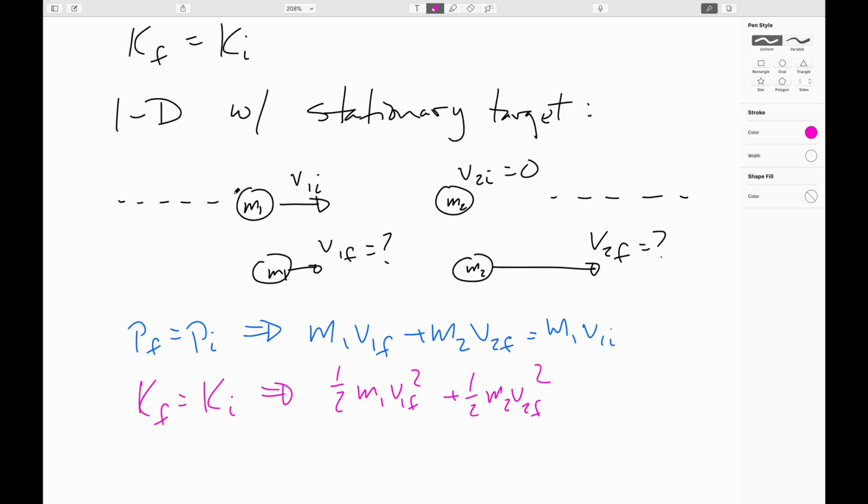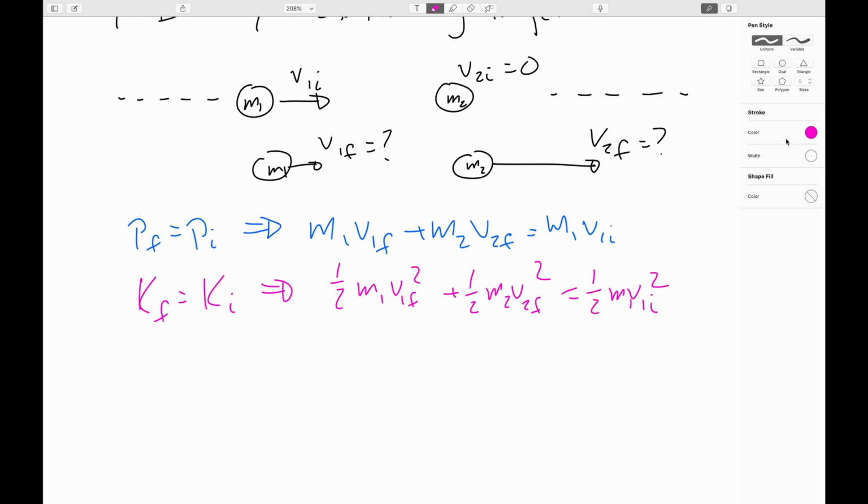And then we only have one object moving at the beginning, so that'll be equal to 1/2 M1 V1 initial squared. All right. Now, what's going to proceed here for a bit is just a bunch of annoying algebra. So just hang with it. I promise I'll have some benefits.